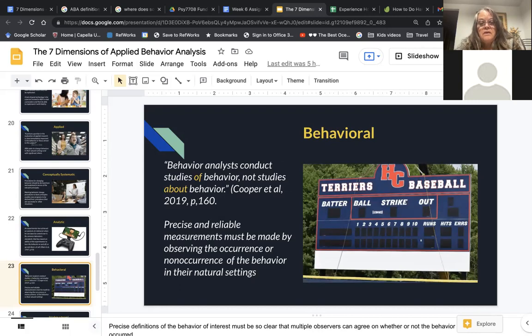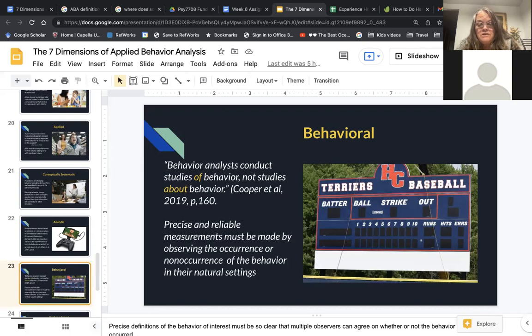And in doing so, we need precise and reliable measurements that observe the occurrence or the non-occurrence of the behavior in their natural setting.